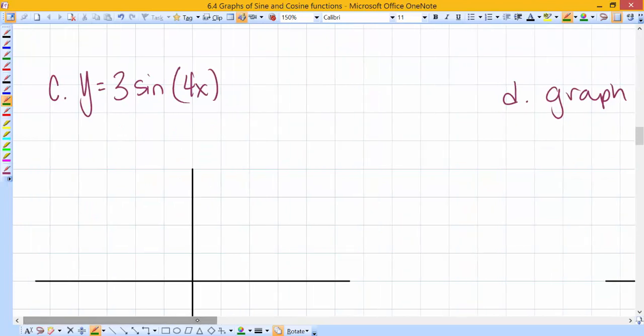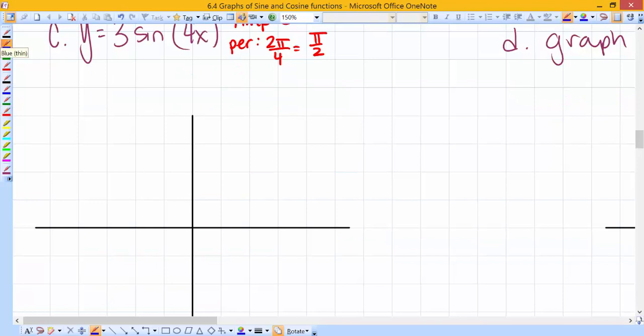So now we're on C. Let's start with the amplitude. Sorry, I don't know why I said period. Amplitude is 3. Period, 2 pi over 4, which is pi over 2. Okay, this one's going to be super fast.